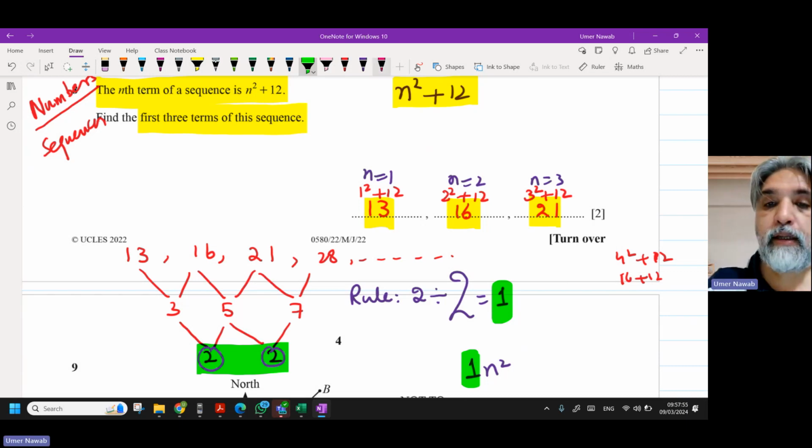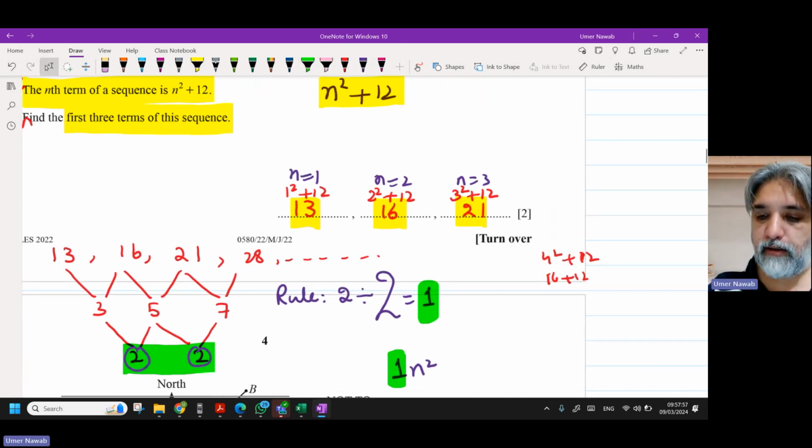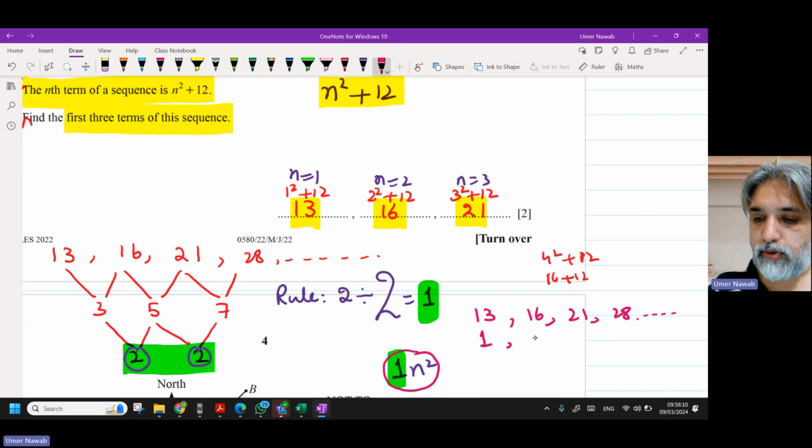Now, I need to write the sequence again, which is given to me: 13, 16, 21, 28, and then generate a sequence based on 1n squared, which is 1 squared, that is 1, 2 squared, 4, 3 squared, 9, 4 squared, 16, and it moves on forever.